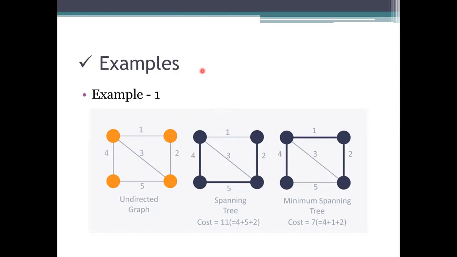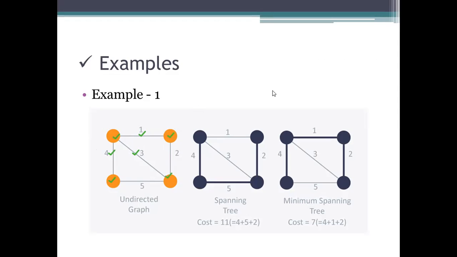Since we will use one by one representation here, first consider what paths we are taking and which connect all the vertices. For example, if I am taking only these three, it is connected to this vertex, then this vertex, and then this vertex.